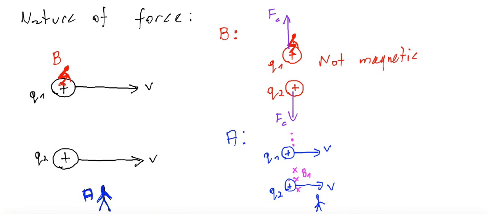So what is seen? Observer A sees magnetic force acting on the charge, which, of course, there is also electric force acting away from the charge. But the important thing is that observer A sees also a magnetic force.